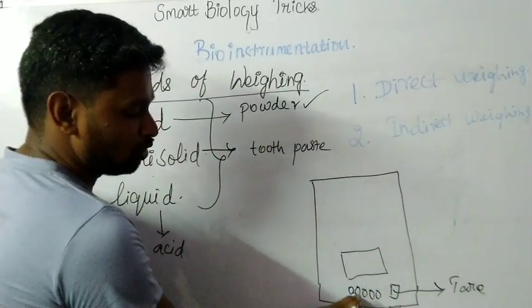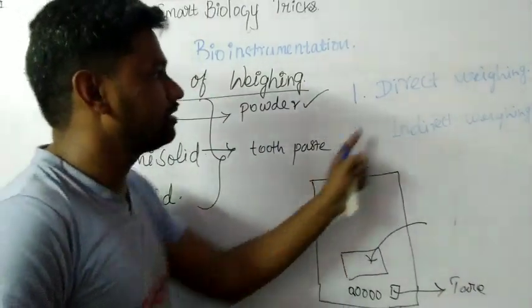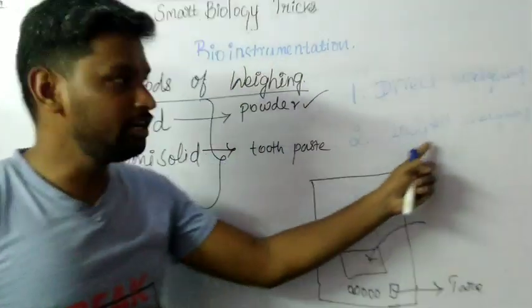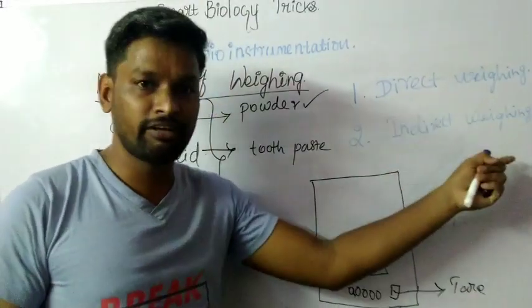After showing zero, you add your chemicals. This method is called direct weighing, because you directly measure the weight of the chemical.